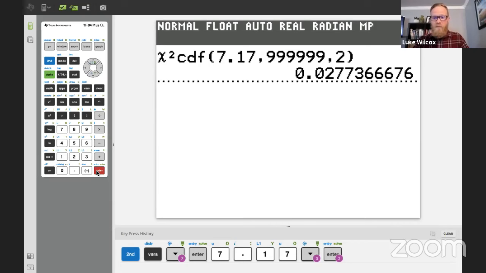And sure enough, we knew from table C that the p-value is going to be between 0.025 and 0.05. And we see, sure enough, it is. It's 0.028, I suppose, if we round it.